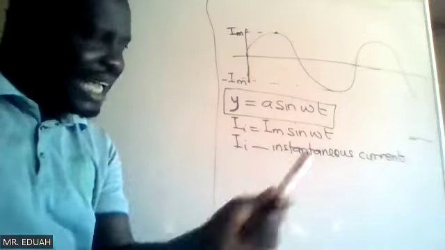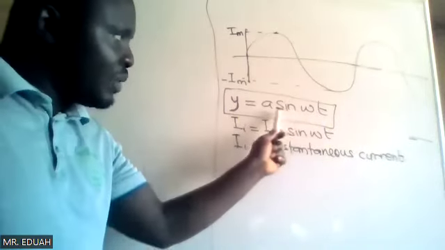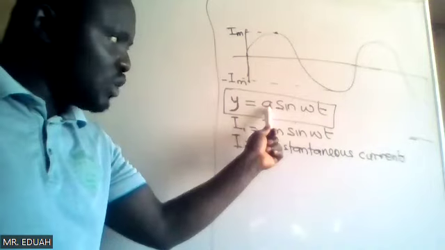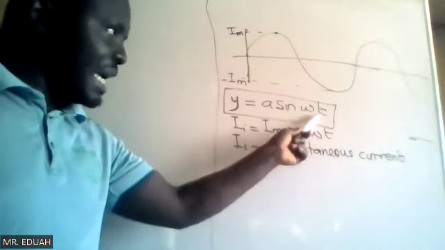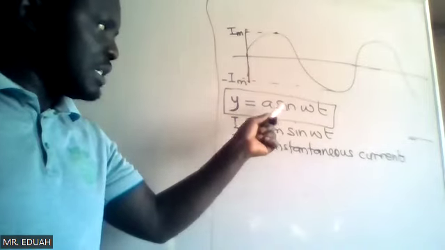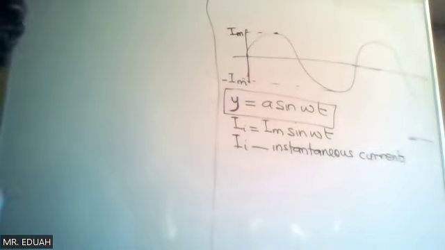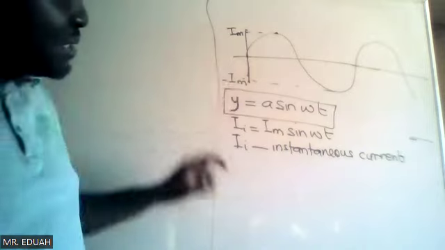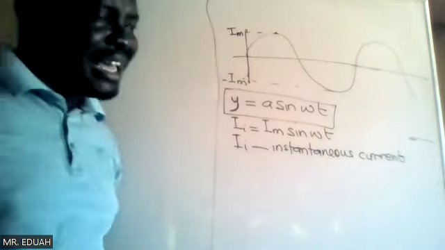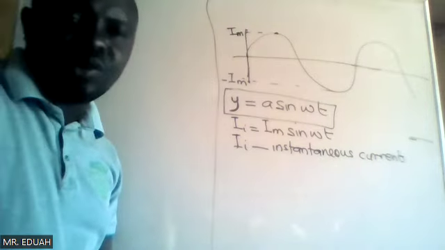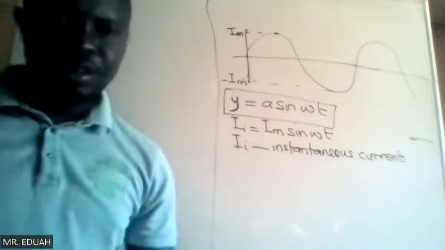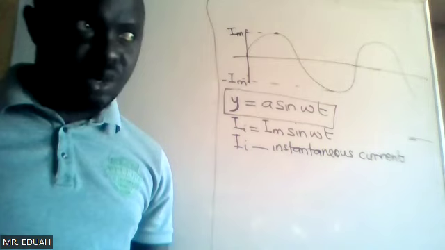When you know the time, amplitude is always fixed and omega is always fixed, so you can always substitute the time into this equation to find it. In terms of displacement, y is the displacement at any time t, or the instantaneous displacement.